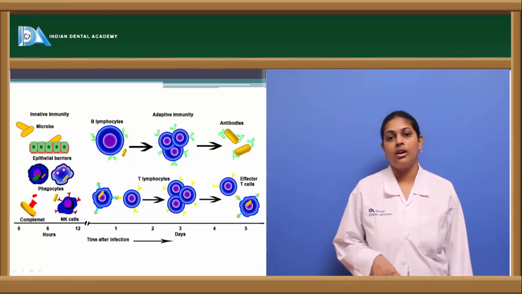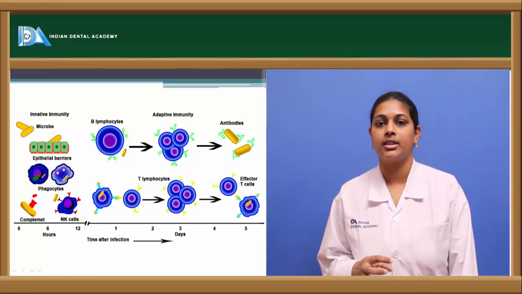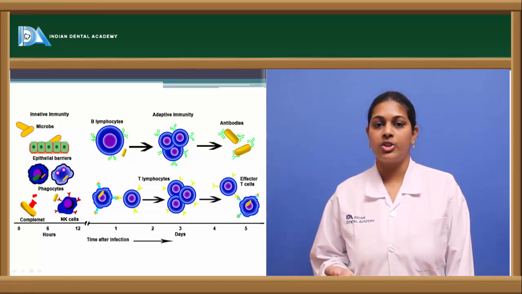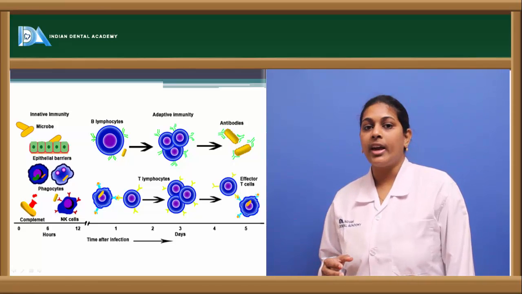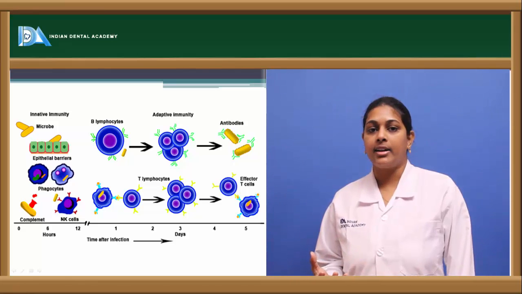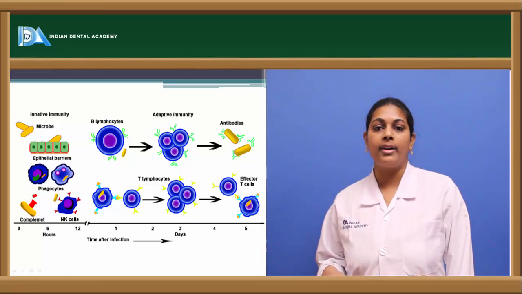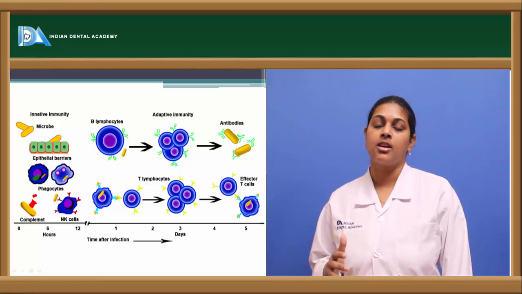So once the antigen tries to enter the epithelium, these dendritic cells or the Langerhans cells, which are a type of cells involved in the innate immunity, start reacting with this antigen. That is, they carry this antigen into the deeper levels of the tissue. These cells usually in the epithelium are immature Langerhans cells.